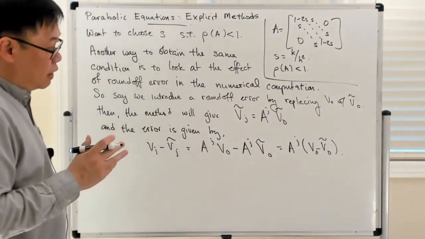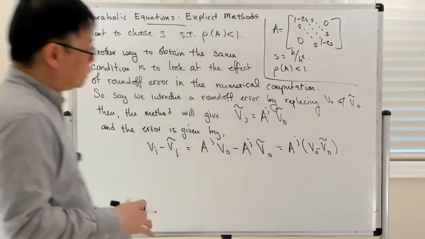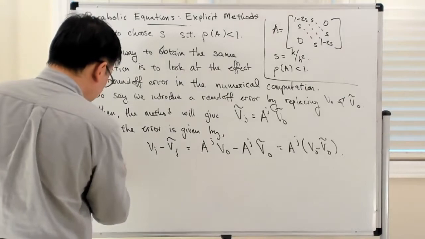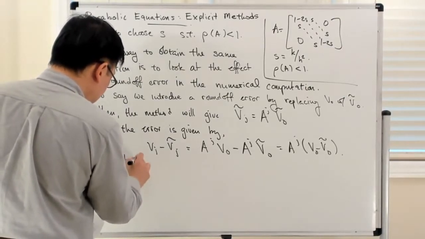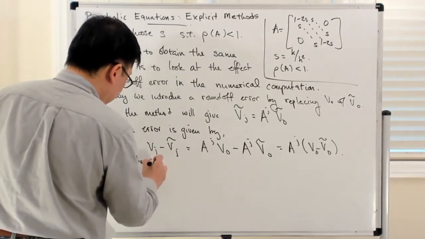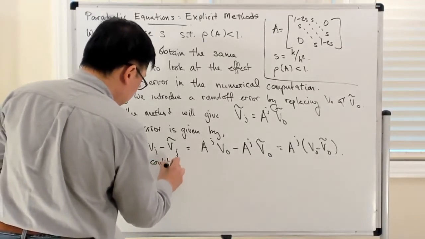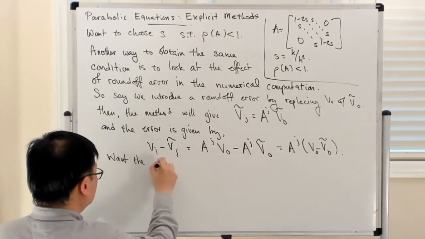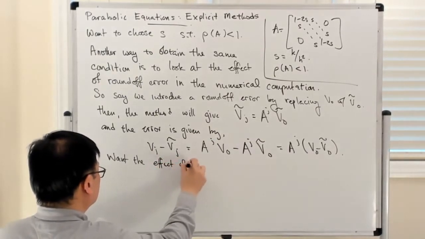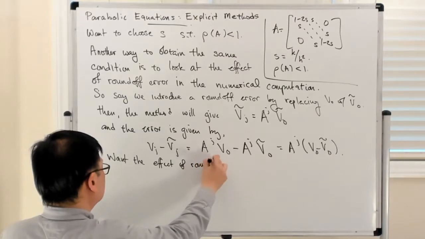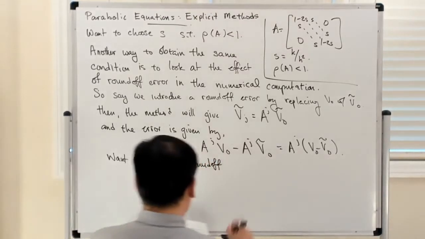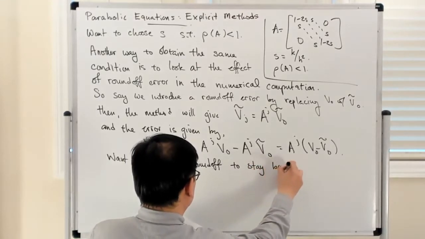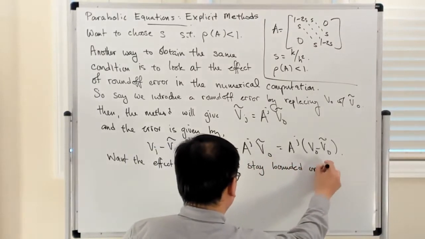So basically what you want is, you don't want this small error introduced by round-off to grow. So you want the contribution, let me rephrase that, you want the effect of round-off error to stay bounded or decay.